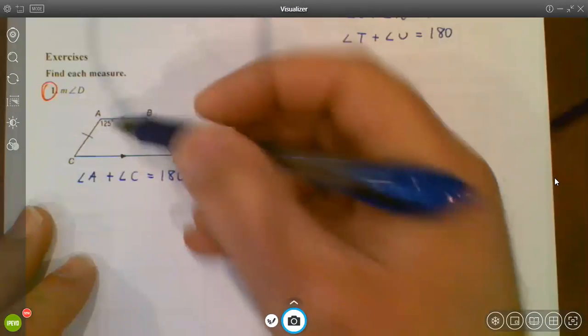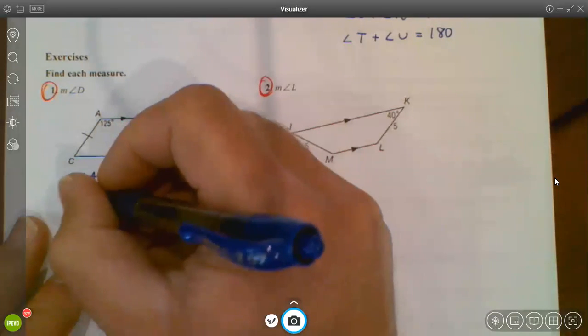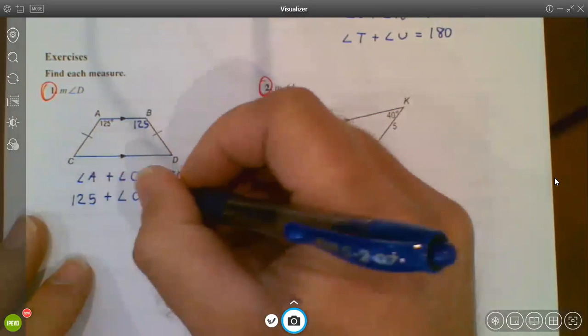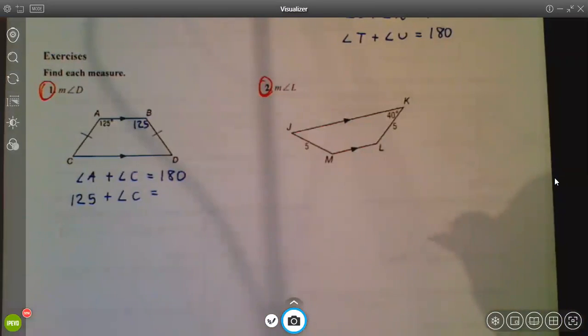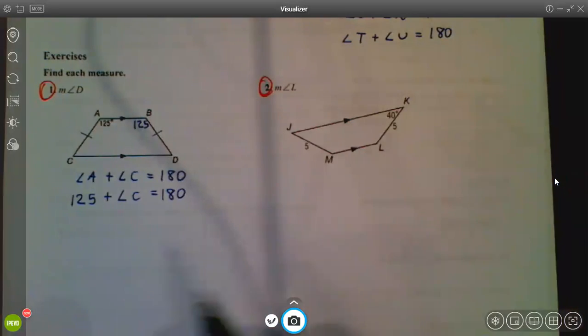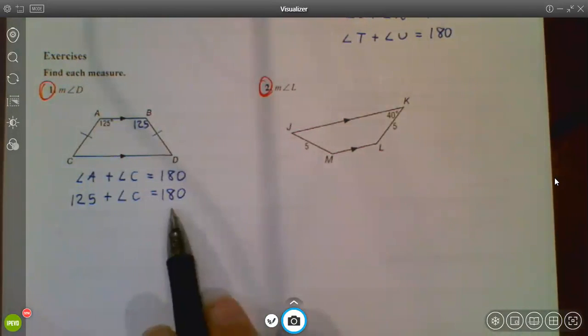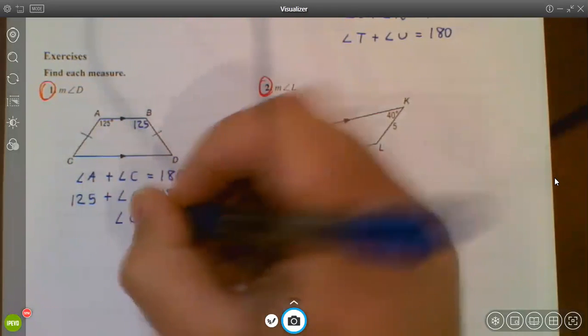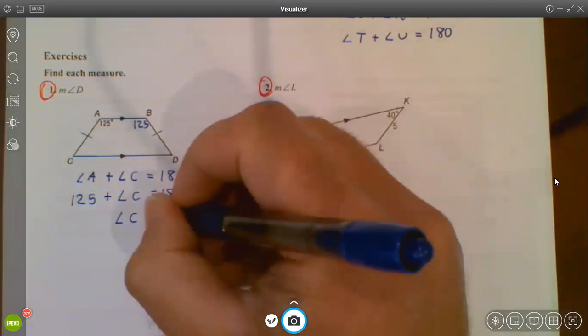We know angle A is 125 degrees. So all I'm going to do is subtract 125 over, and that tells me the angle C would be 55.